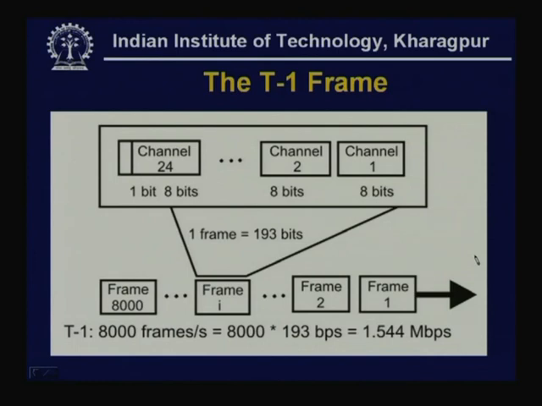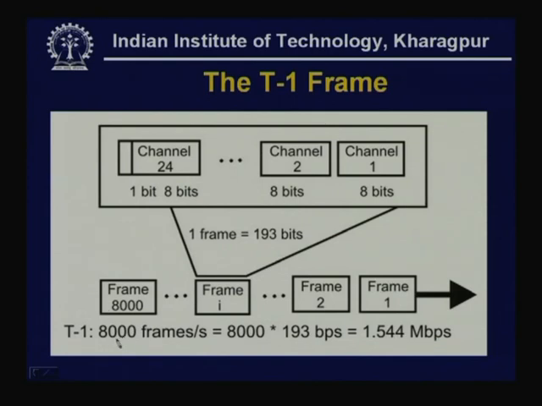So, here this is a frame where from each channel 8 bits are taken, 8 bits from channel 1, 8 bits from the second channel, and this way 24 channels are there, and for each frame there is a synchronization bit of 1 bit, and this frame therefore comprises 24 into 8 plus 1, that is 193 bits, and you have a total of 8000 frames.